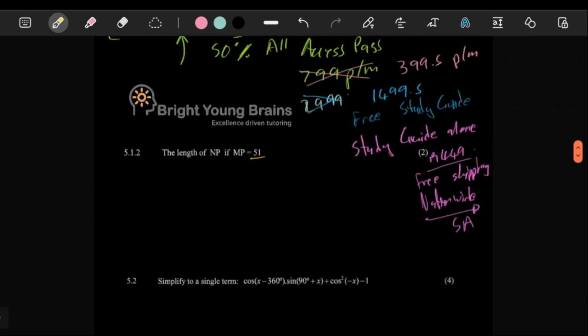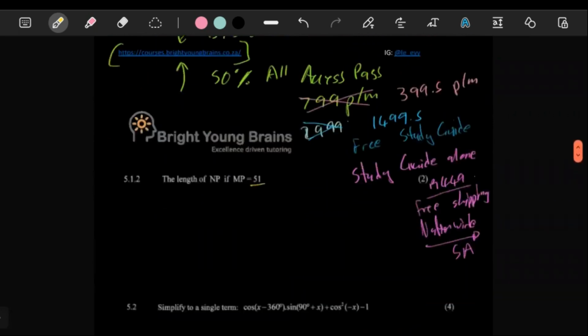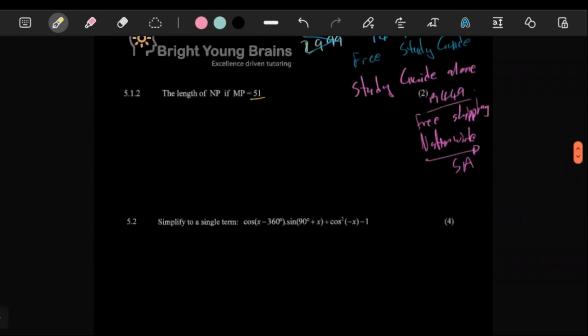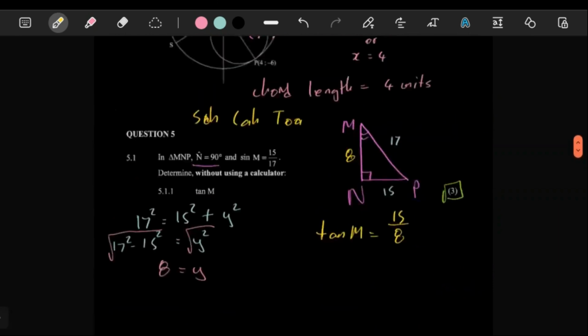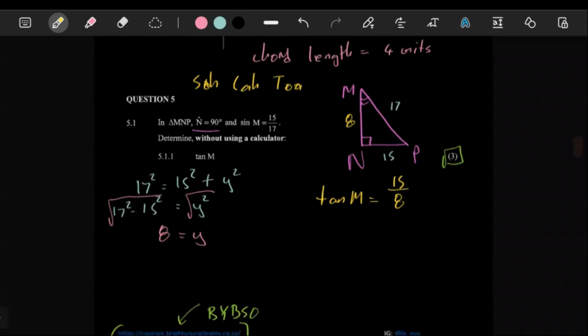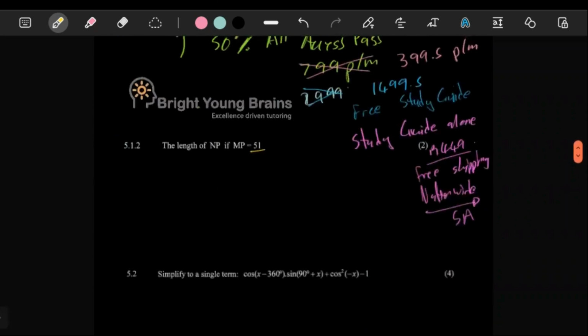I think this is an error. Give the length of NP if MP is 51. How? But then maybe this is just a ratio. But still though. How many marks? It's a 2-mark question.